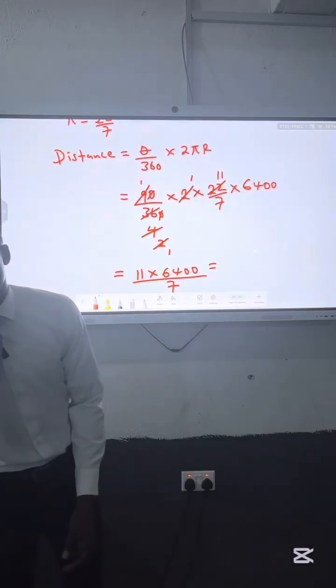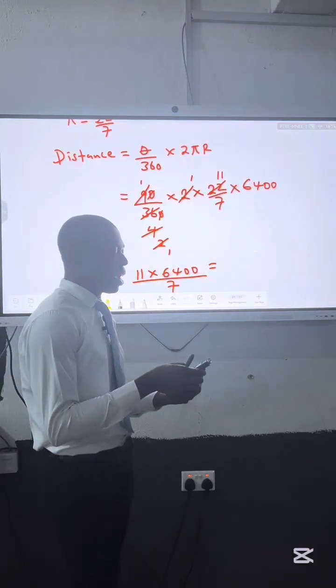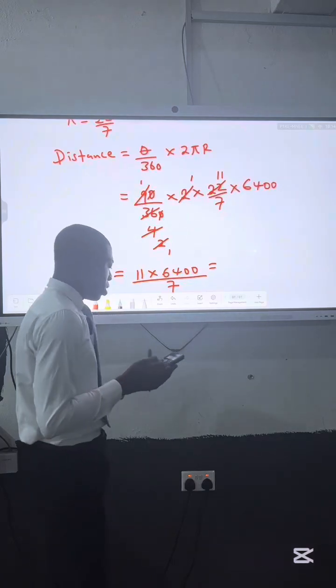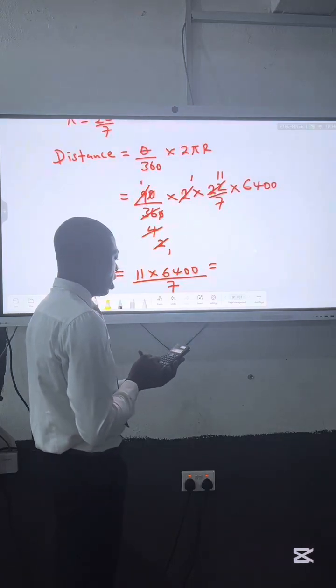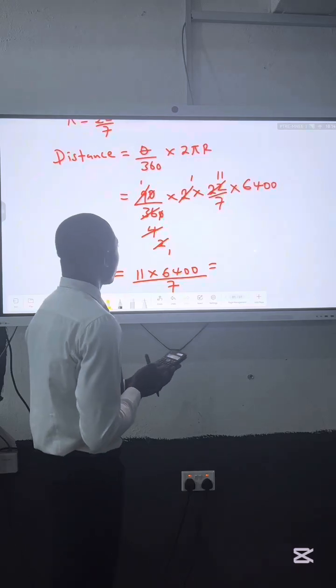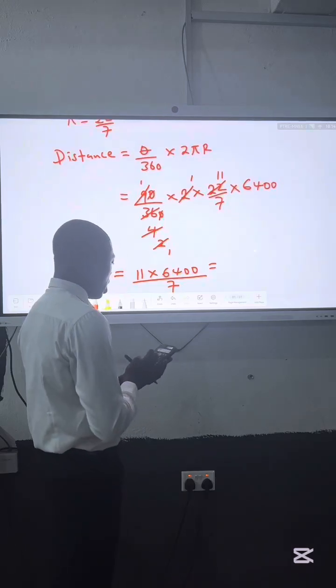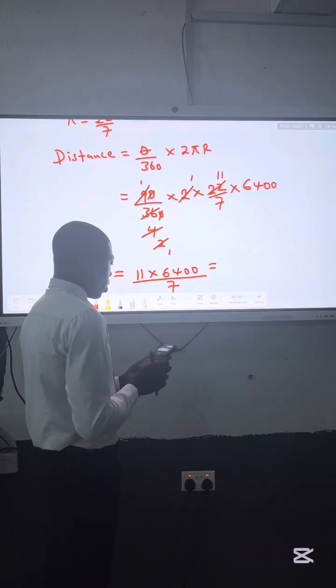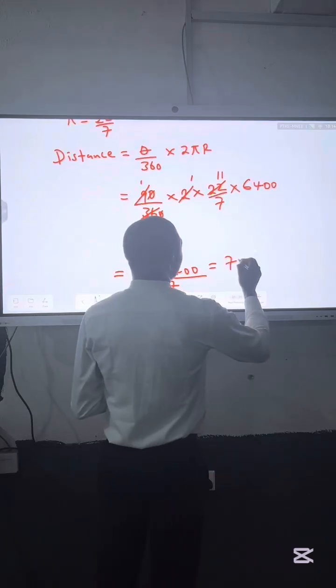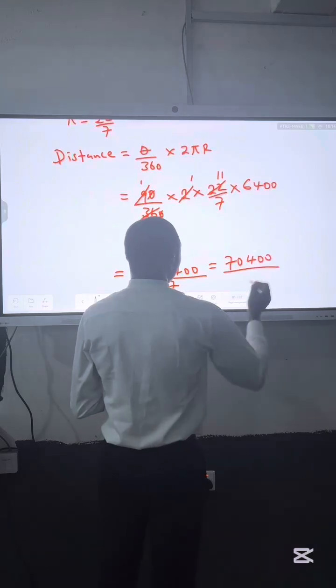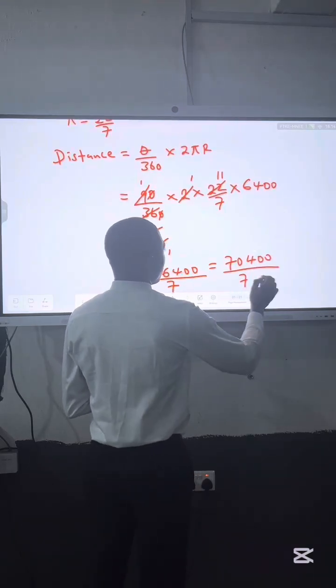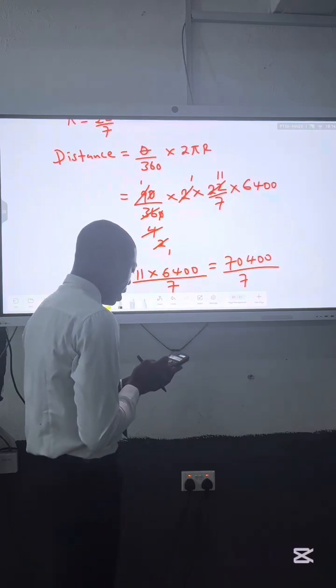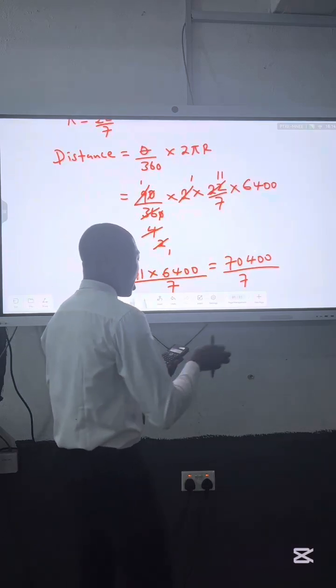Okay, so let's quickly do that. I have a calculator here to enable us to evaluate it very quickly. So we have 11 multiplied by 6,400, then we divide it by 7.